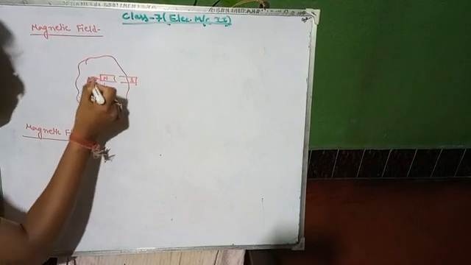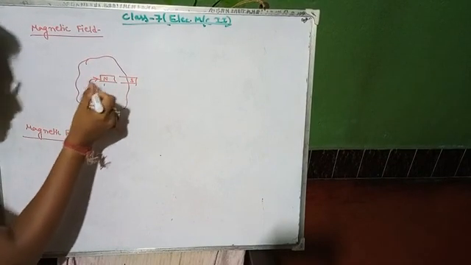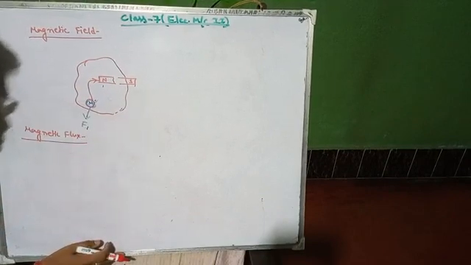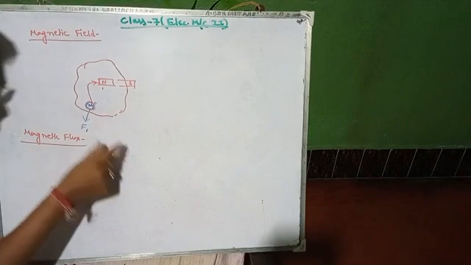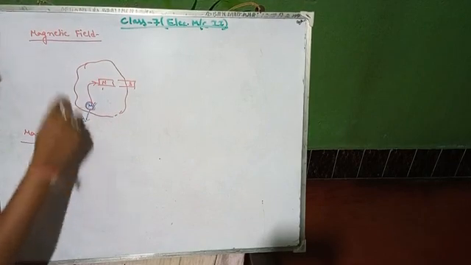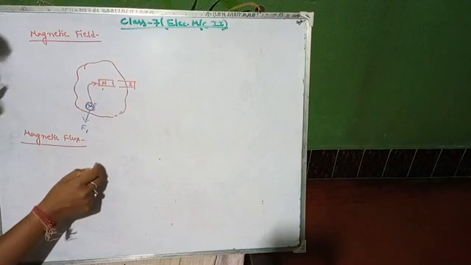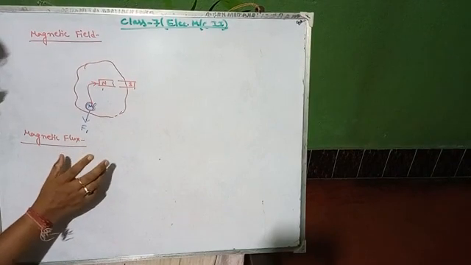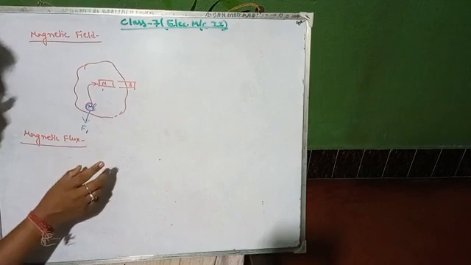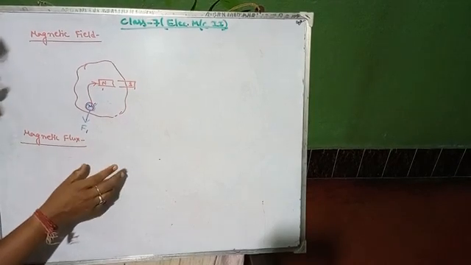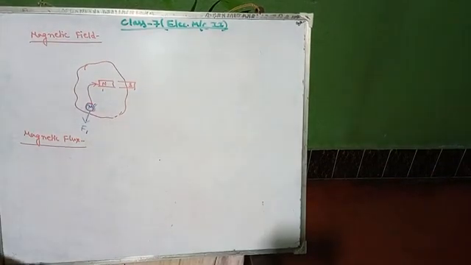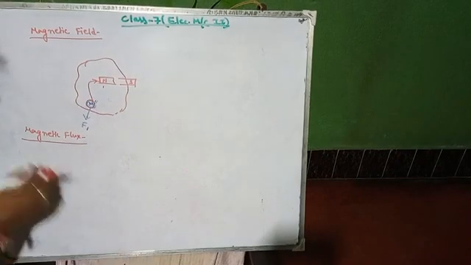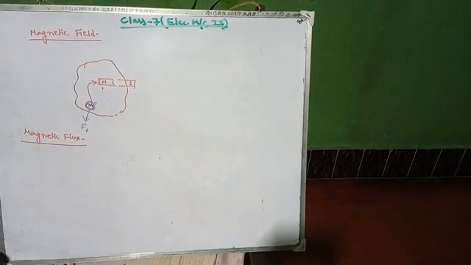The path of the magnetic force acting within the magnetic field is called magnetic flux, and it is always perpendicular towards the surface of the force. So this concept is your magnetic flux.